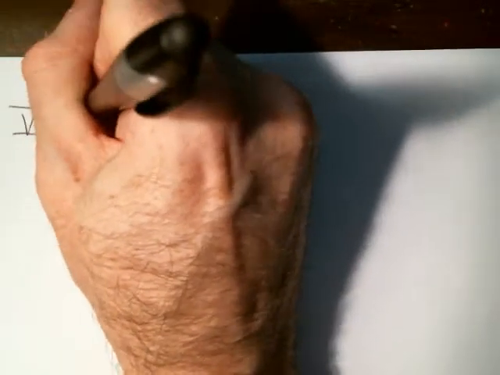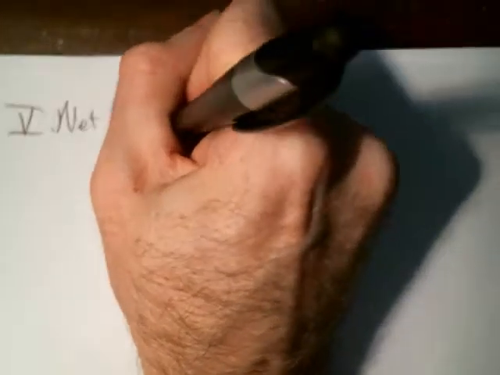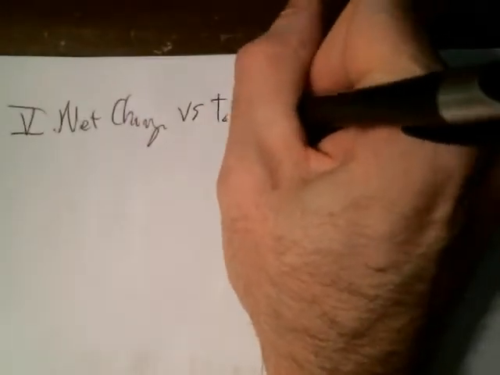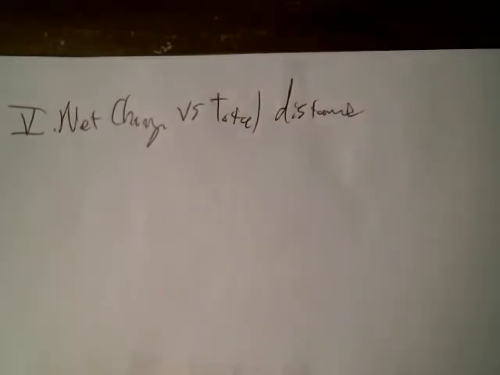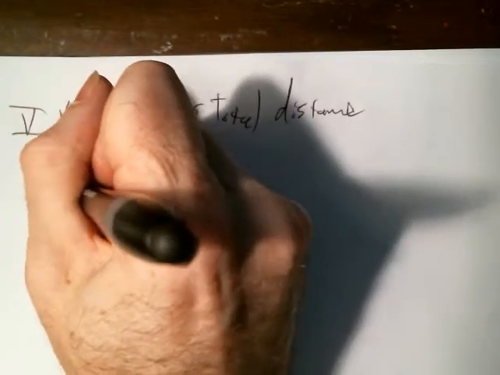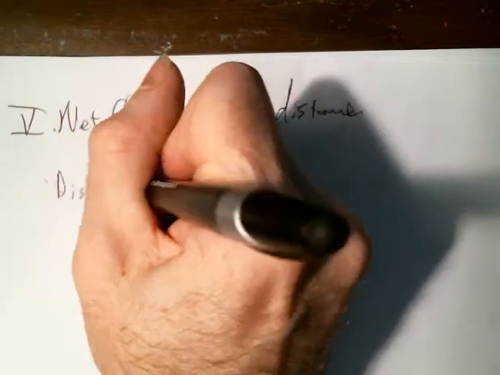Now we shift our focus a little bit to physics. If we didn't already have enough going on. We have net change versus total distance traveled. Okay, so we'll call the net change displacement.